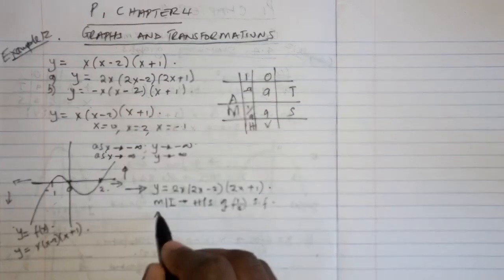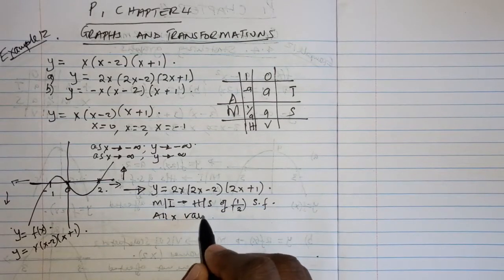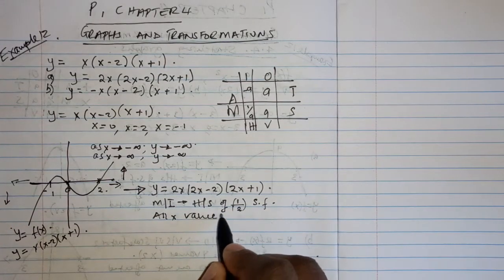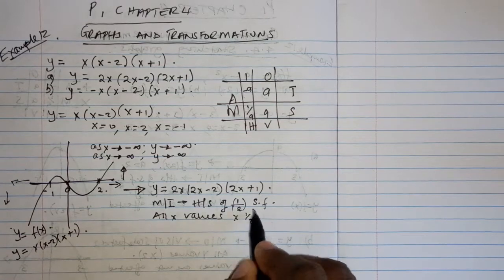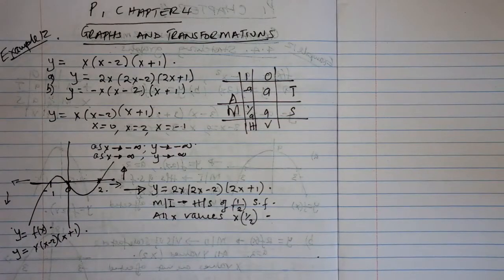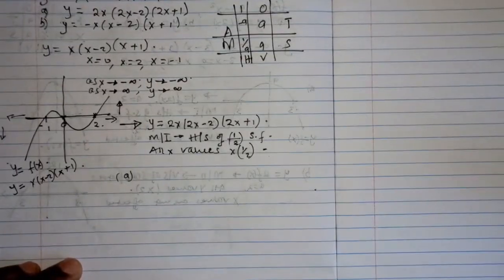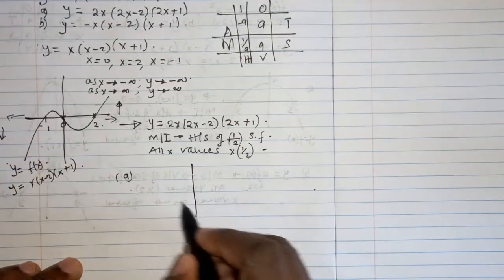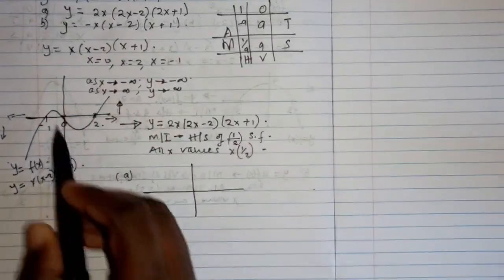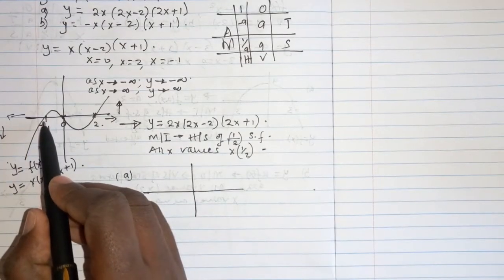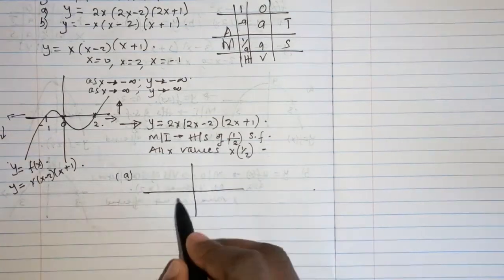That means all x values are multiplied by a half, and we have seen this before. So if all x values are multiplied by a half, then it follows that our new graph now takes a different shape. This is part A. Our new graph now comes over here, and we're going to have it like this. Here x was negative 1; negative 1 times a half is negative 1/2.